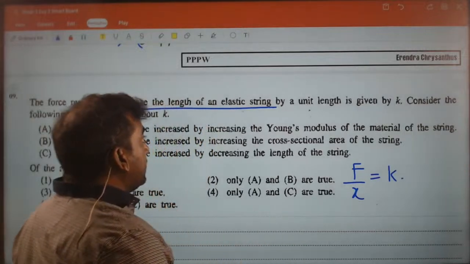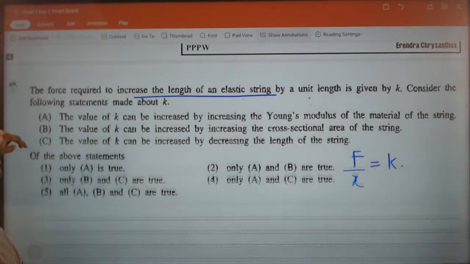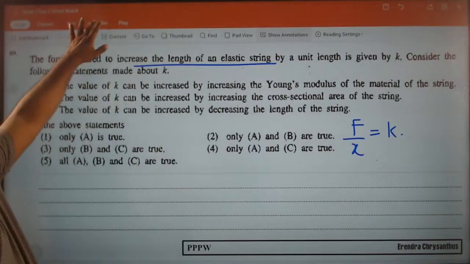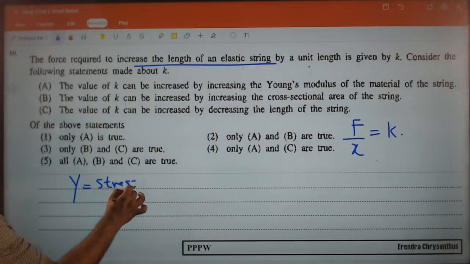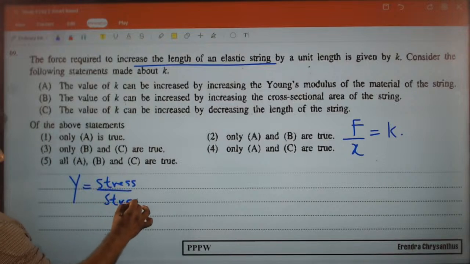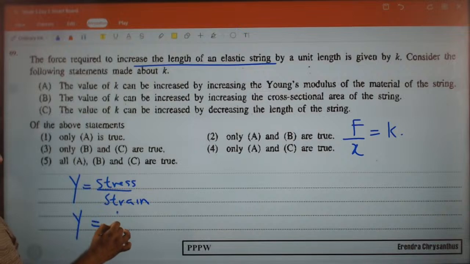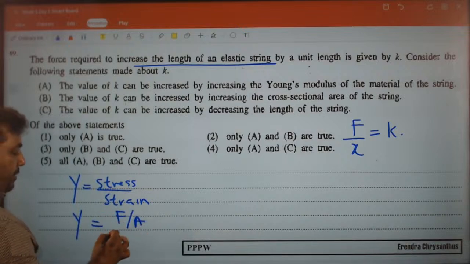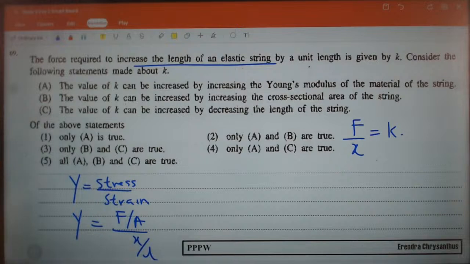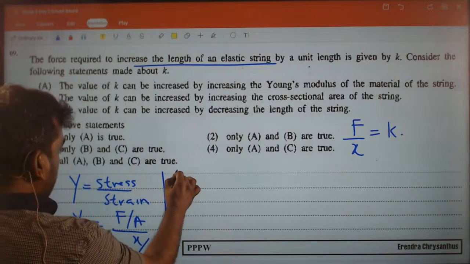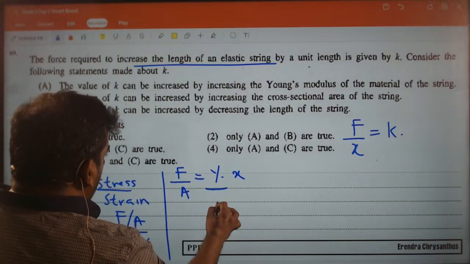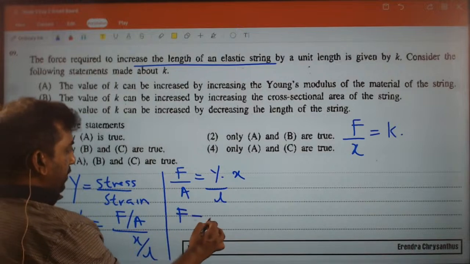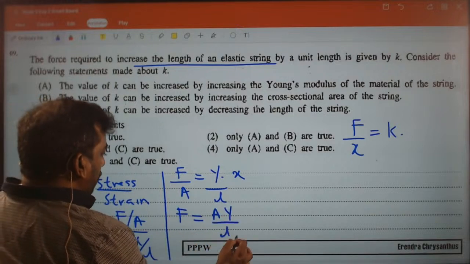Young's modulus is stress over strain. Stress is equal to force divided by area. Strain is extension divided by initial length. Simplify this. Force over area equals Young's modulus times x over L. Force is equal to A times Young's modulus over L times x.